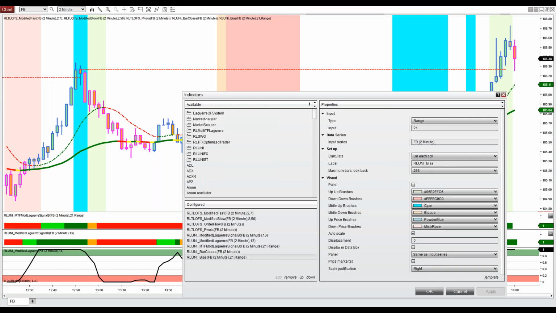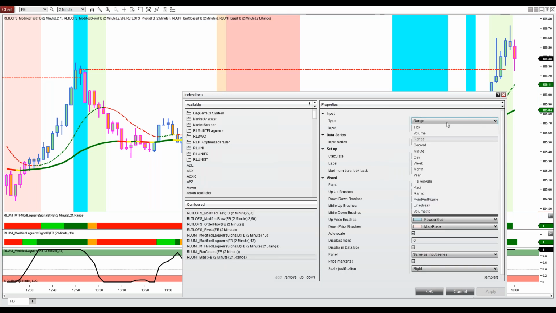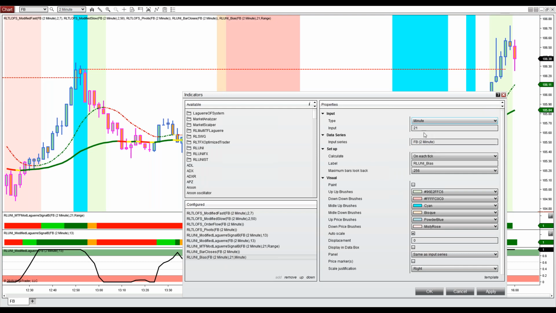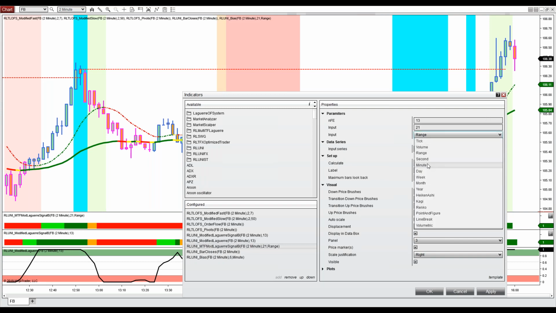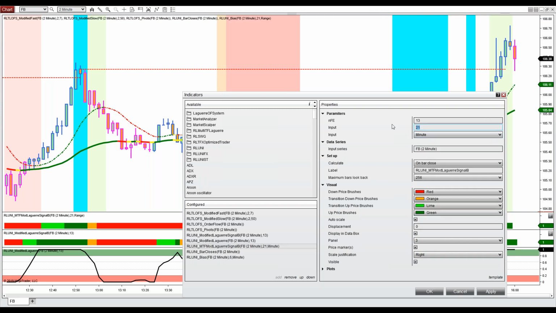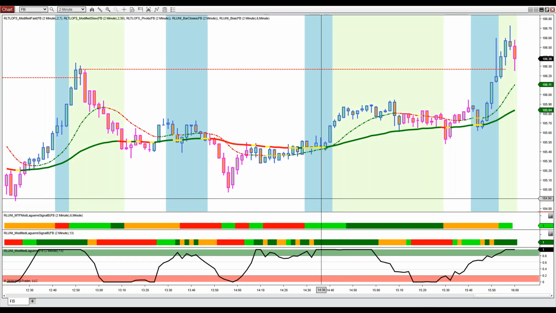Bias is now 3 time frames higher, 6 minutes. And it'll do its own assessment of the 18-minute. All you got to do is put in the next highest time frame. Multi-time frame Laguerre goes from a range to minute, and we put in a 6-minute. And now we get the assessment.